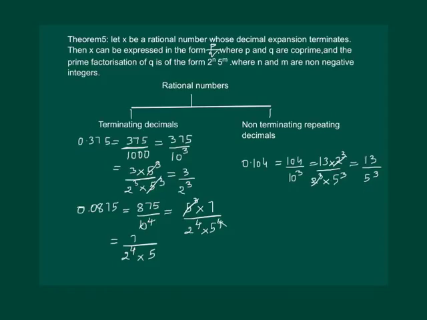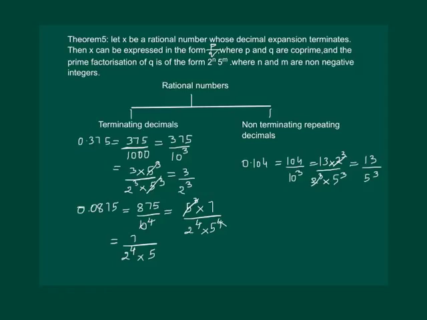Likewise, you can take up more examples and see that any real number which has a decimal expansion that terminates can be expressed as a rational number whose denominator is a power of 10. Also, the only prime factors of 10 are 2 and 5.